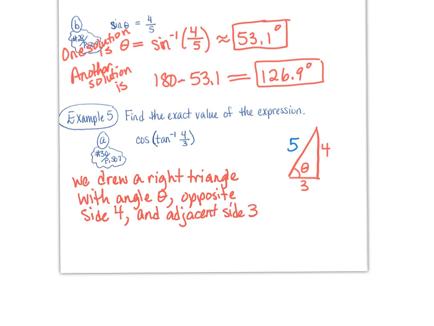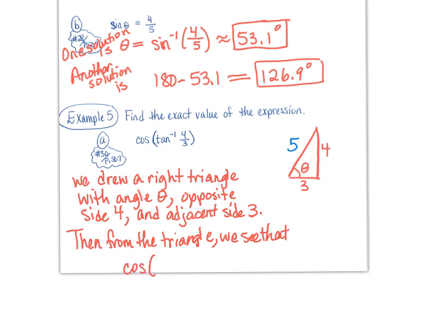Then from the triangle we see that cosine of tangent inverse of 4/3 is the same thing as cosine of theta. Are we okay so far? And what's cosine of theta? 3/5. That's it.